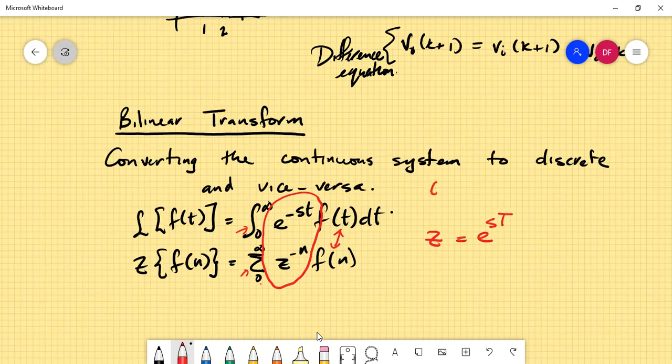Remember now, t divided by the integral, not the integral, t divided. So should that be z to the negative n? No, no, I'm explaining why it's just z.